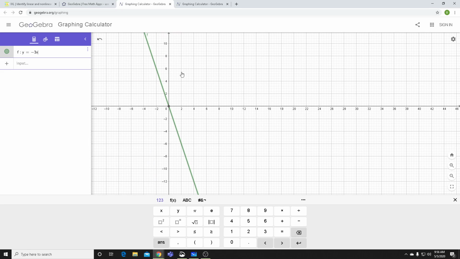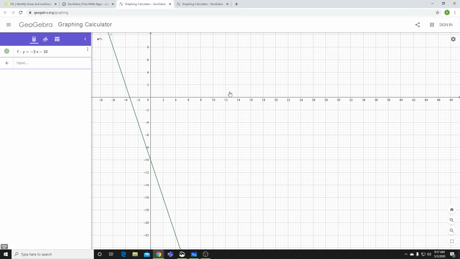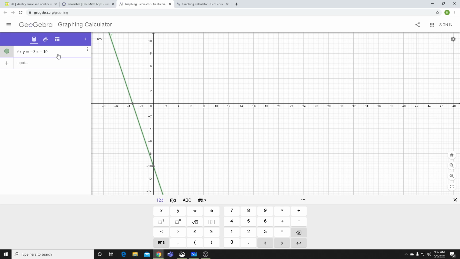Well, if I subtract 10, it's going to go down to 10 here. So you see that this number here is shifting our proportional graph up or down by whatever number that is, your y-intercept.